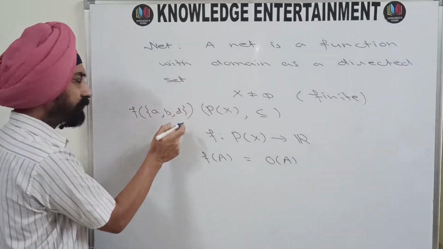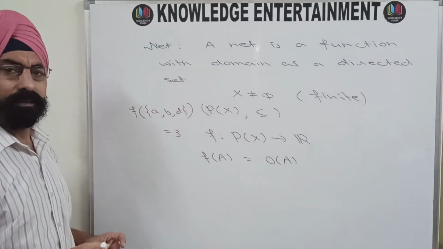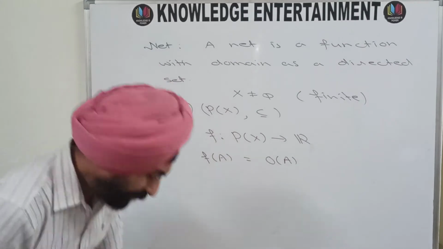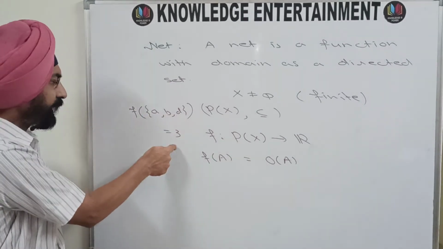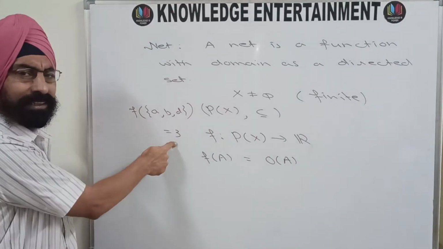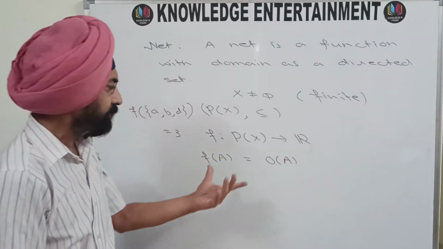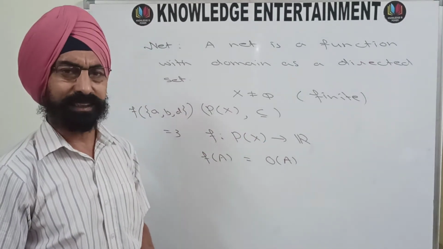Then f of this will be 3, because the number of elements here is 3. So I have defined this function like this.